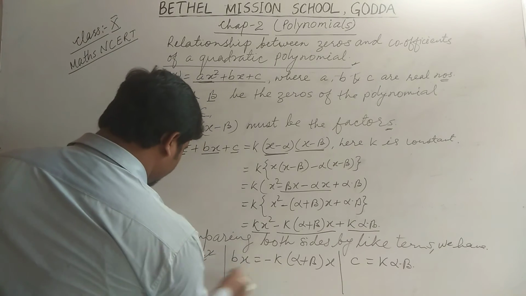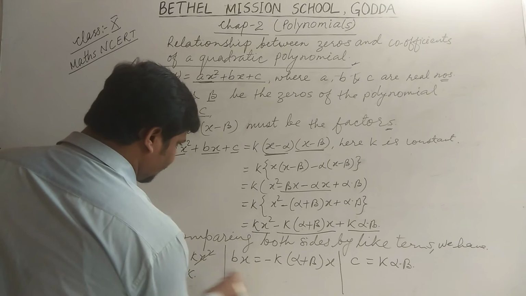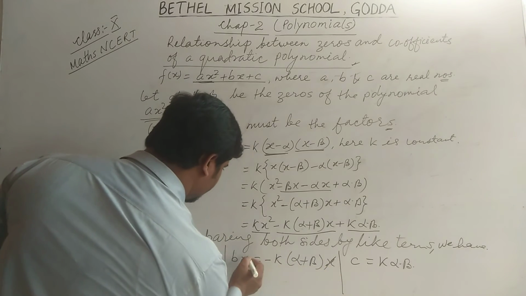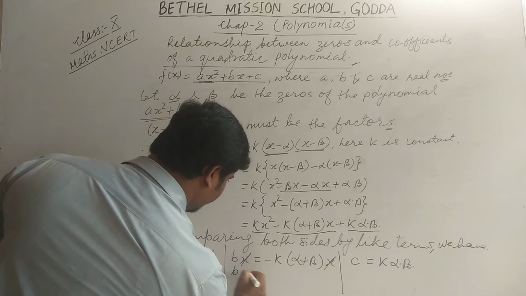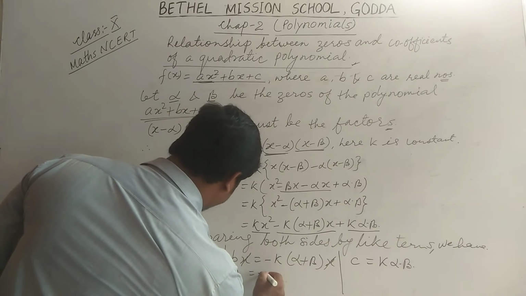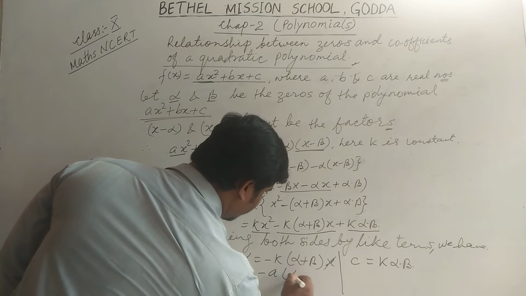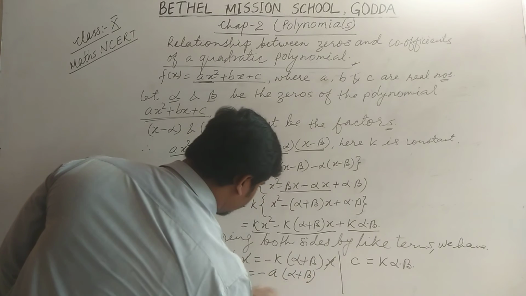Here a equal to k means the value of k is a, so we can replace this k by a. Then we will get, with x gone on both sides, b equal to minus a into alpha plus beta.